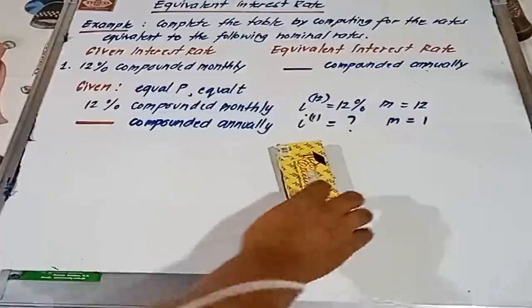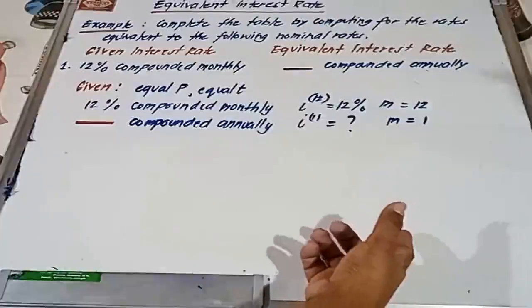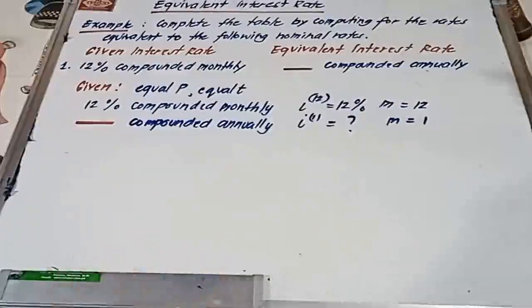So, paano natin masosolve yung equivalent interest rate compounded annually dun sa given interest rate na compounded monthly? All we have to do is to equate two future values of these two interest rates. Okay? That is F1 and F2.